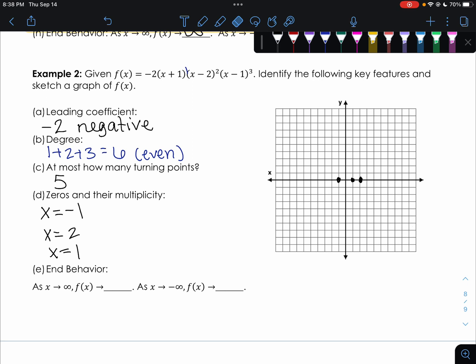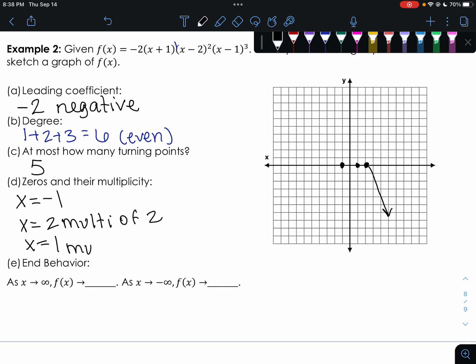We don't have to be exact, but I do know that right here, it starts, and that has a multiplicity of 2. So it's going to bounce and come right back down, but it doesn't have time to go super far because it does need to go back up.